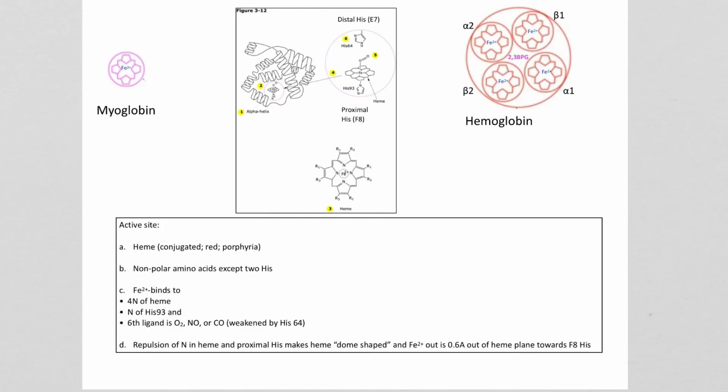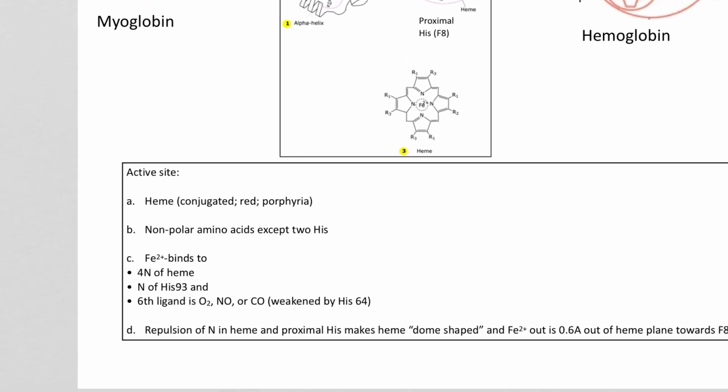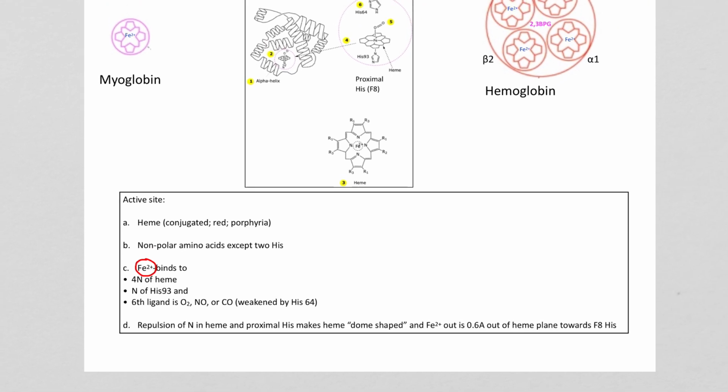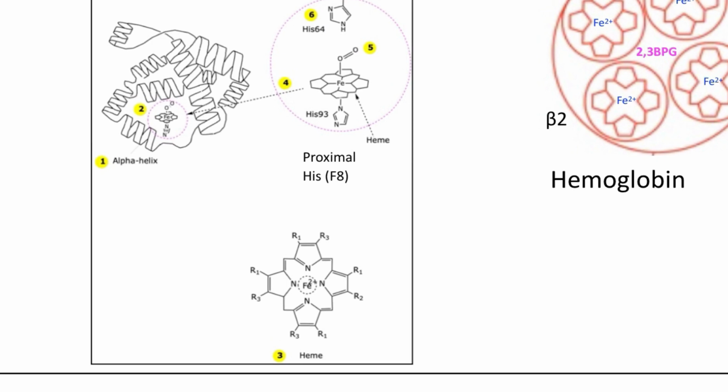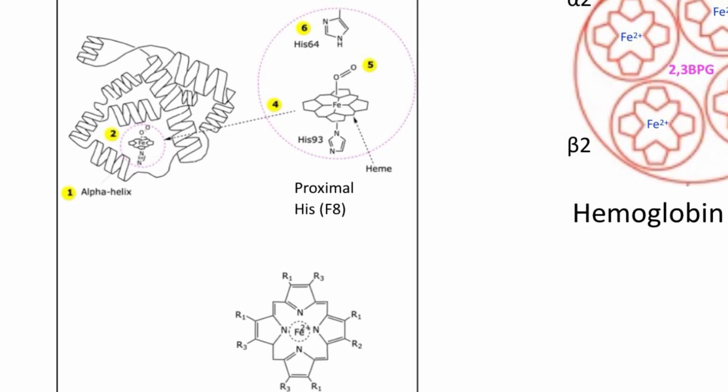The active site also contains a transition metal. And the transition metal that is found in both myoglobin as well as hemoglobin is iron, Fe2+. As you know, transition metals can bind many atoms at the same time. So this iron atom, for example, can bind the nitrogens of the hemes, these four nitrogens of the heme.